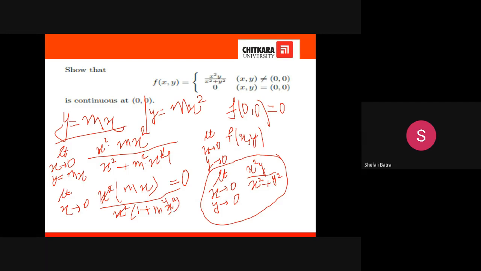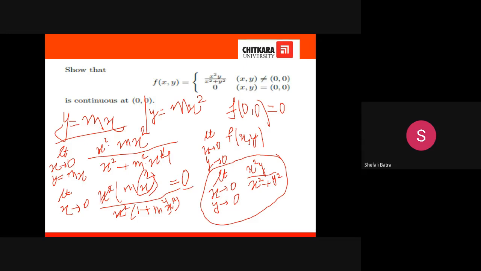Right? In any case, anytime, if you'll be taking any path, x cube, x4, x5, whatever you are taking, in denominator, you can take only x square outside, right? And this x square would be cancelled out with this. So because of this, numerator would become 0.